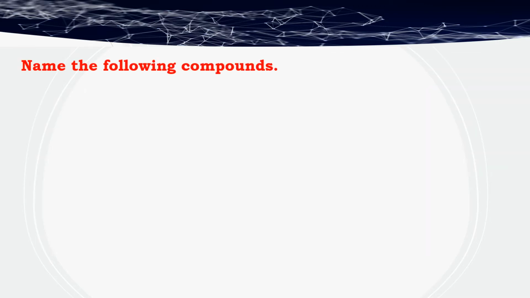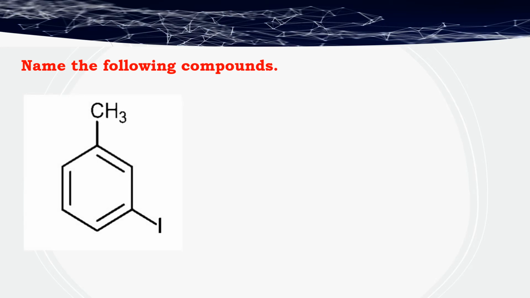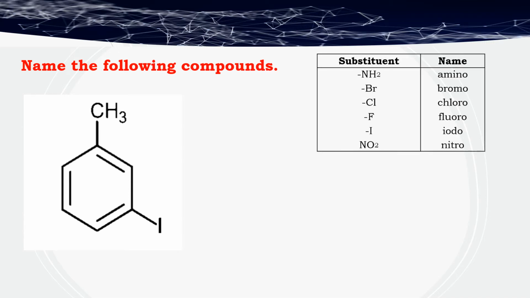Let us have another example here. Given this structure, we already know that CH3 is a methyl. How about I? So let us look at I in our list of the different substituents. So we have I. I is iodo. So let us name the ring as benzene. Since our substituents are different, we need to arrange them in alphabetical order.